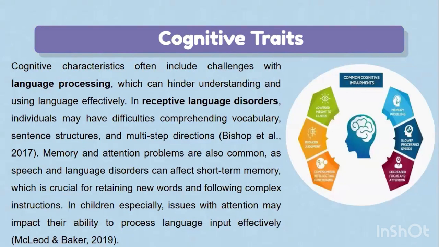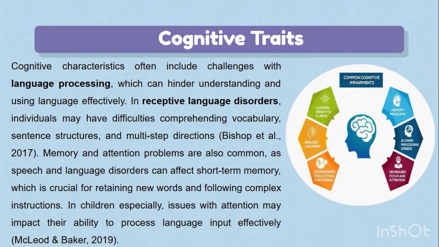Now, some cognitive traits. Cognitive characteristics often include challenges with language processing, which can hinder understanding and using language effectively. In receptive language disorders, individuals may have difficulties comprehending vocabulary, sentence structures, and multi-step directions.